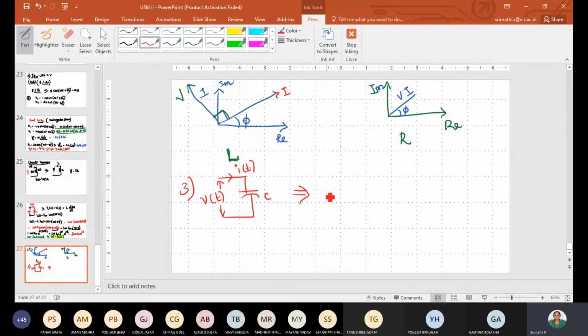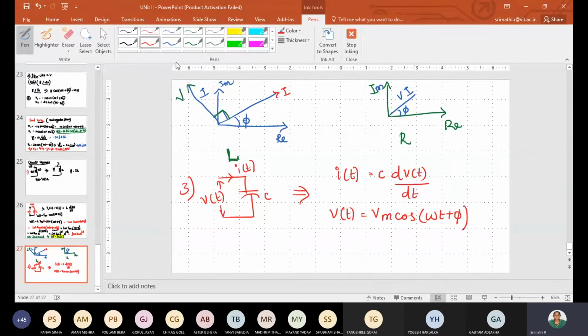So V of t, I of t, and C. Now we know that in differential form, I of t is equal to C into dV of t by dt. Let us take differential form, that will be easier. And V of t is equal to Vm cos of omega t plus phi.